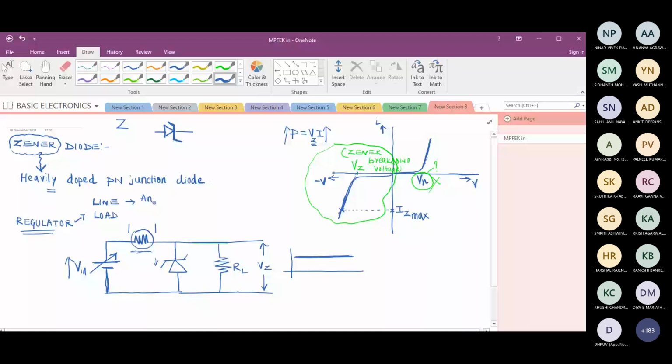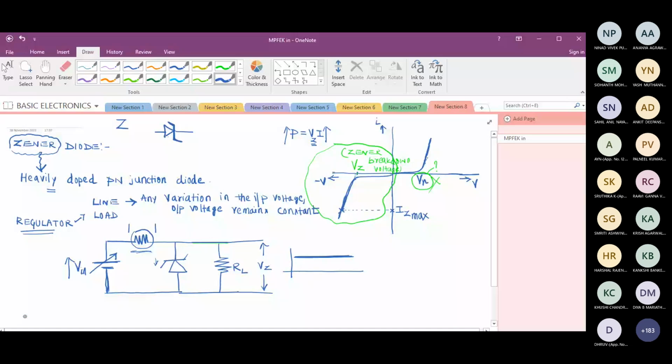Any variation in the input voltage, I'll write Vin, input voltage, the output voltage remains constant. Means the output voltage is not going to vary. This we call line regulation. Any variation in Vin, output voltage remains constant.